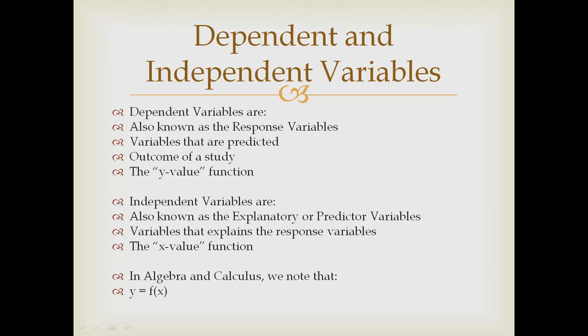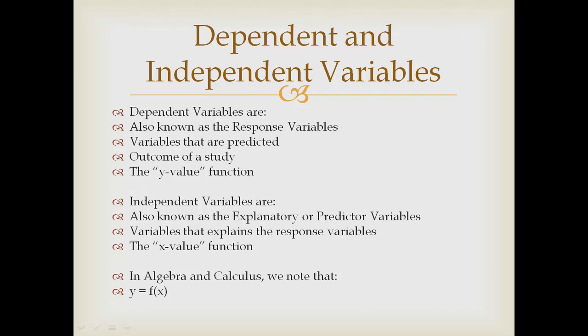Now, let me talk a little about this. Let's say cheeseburgers, let's call it B, and let's call the weight W. You know that when you eat burgers, you gain pounds, you gain weight. So we say that weight is a function of burgers. We just say W is f of B. That W is dependent on how many burgers you eat.